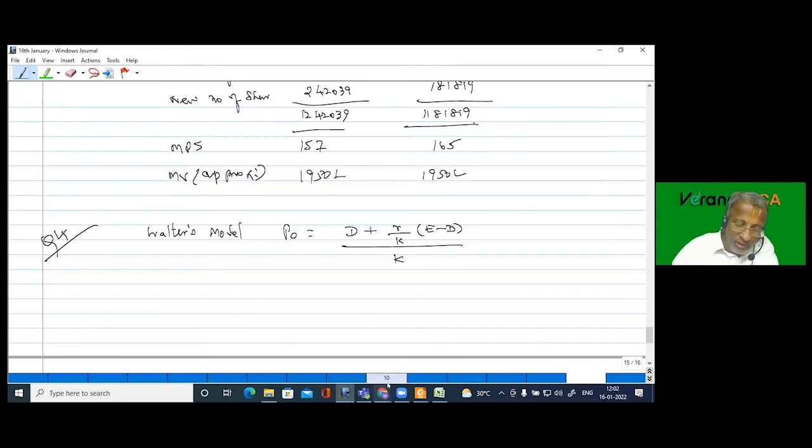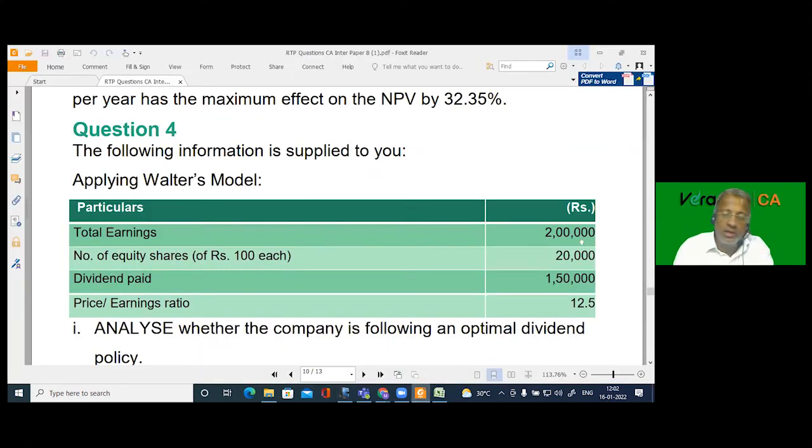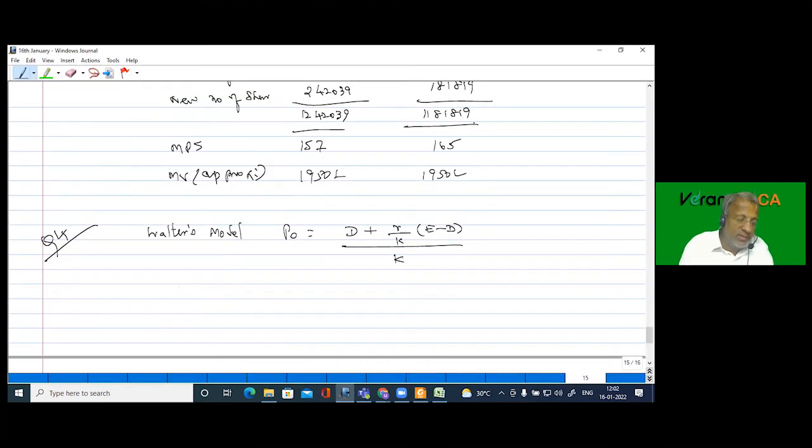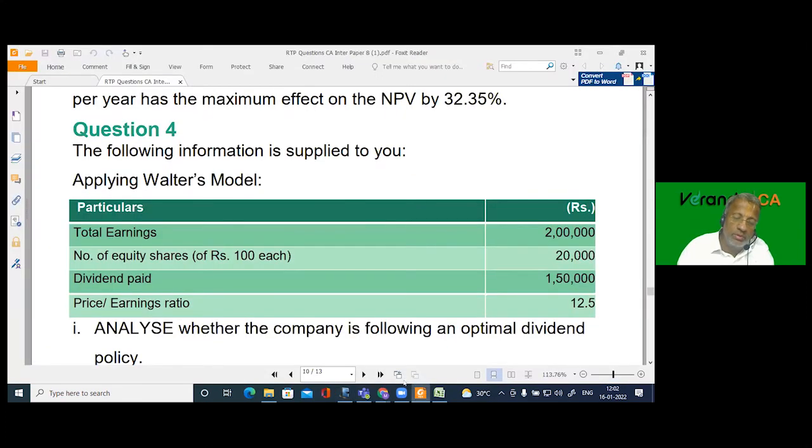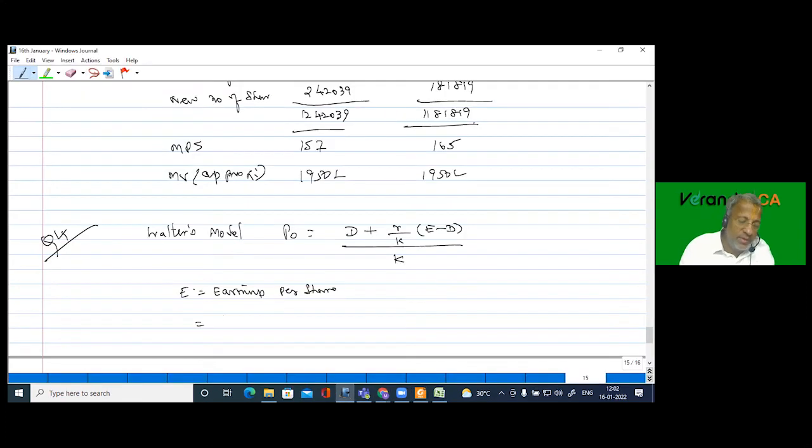Okay. So in this problem, E stands for earnings per share, which is equal to 2 lakhs divided by 20,000, which is 10.